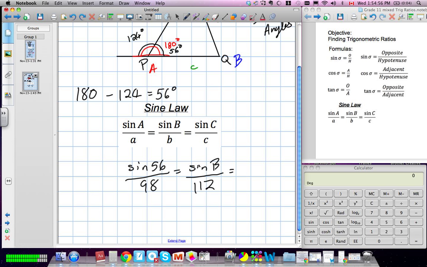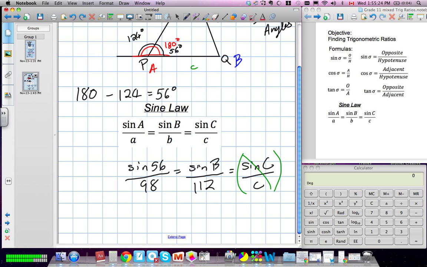We're just going to work with sine 56 and sine B. Now, like we said before, we could cross multiply to simplify, but in fact, I'm trying to get sine B by itself. So instead of cross multiplying, I'm just going to move over the 112. And because it's divided by over here, it's going to become multiplied by on this side.